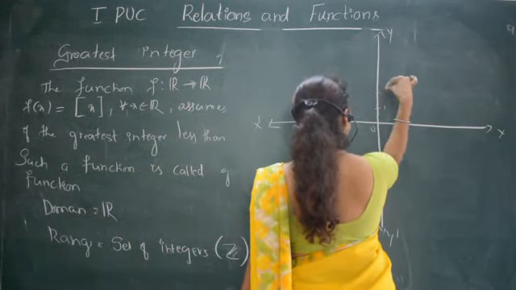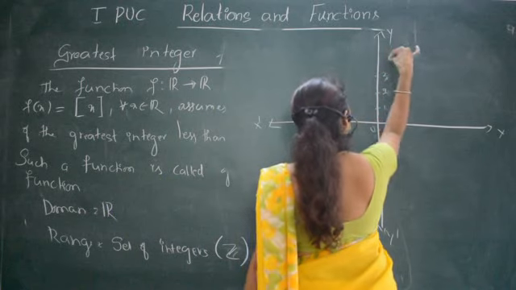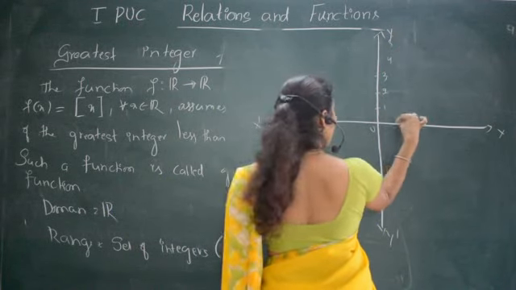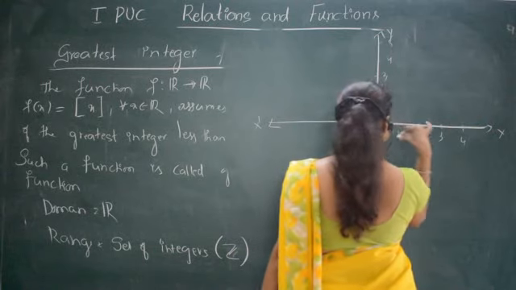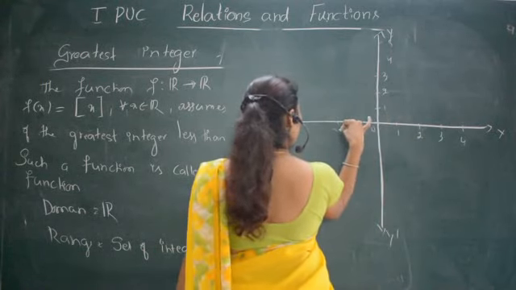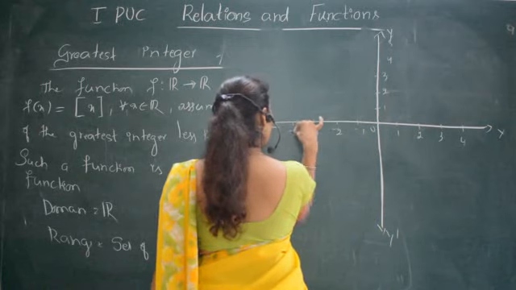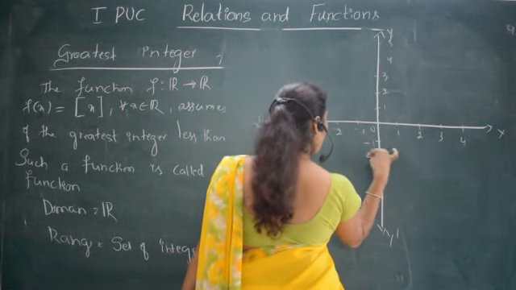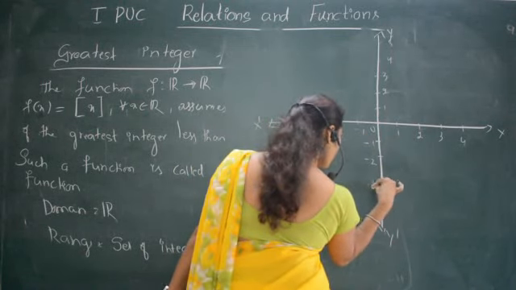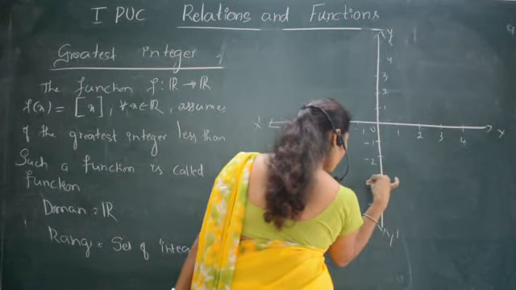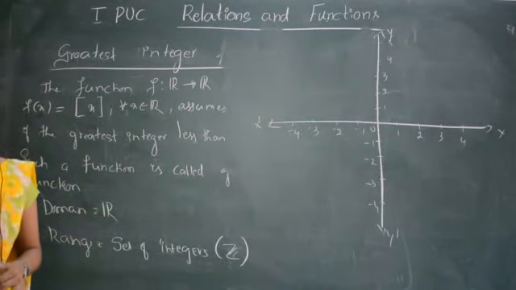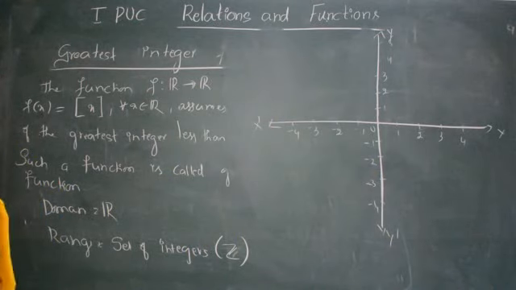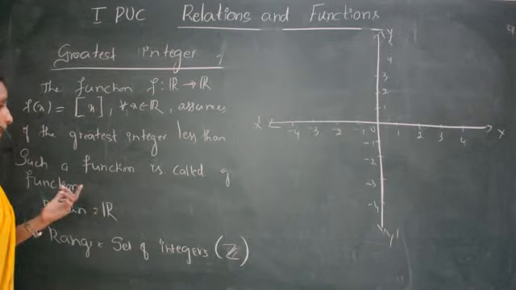Zero, 1, -3, -4. While discussing examples, what we have discussed is this.